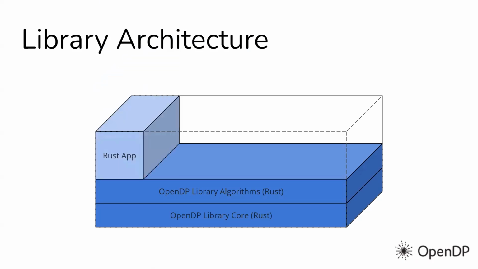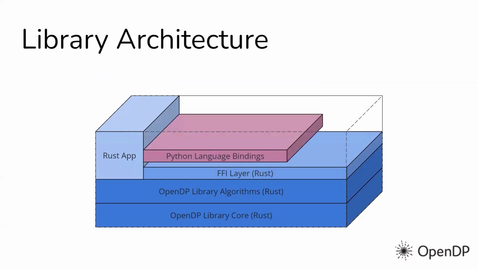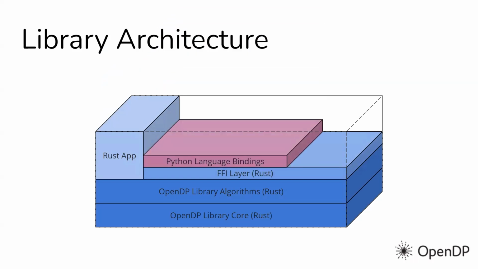And on top of that, you can build Rust applications. And since we support multiple languages, there's also a layer in Rust that lets us communicate with other languages. So as you're definitely familiar by this point, we have Python language bindings that call down into the Rust core.